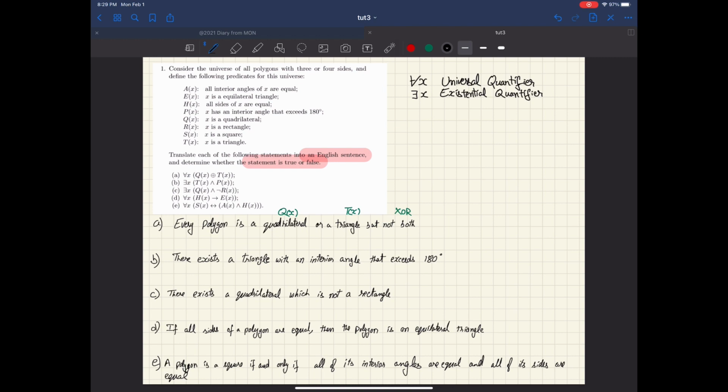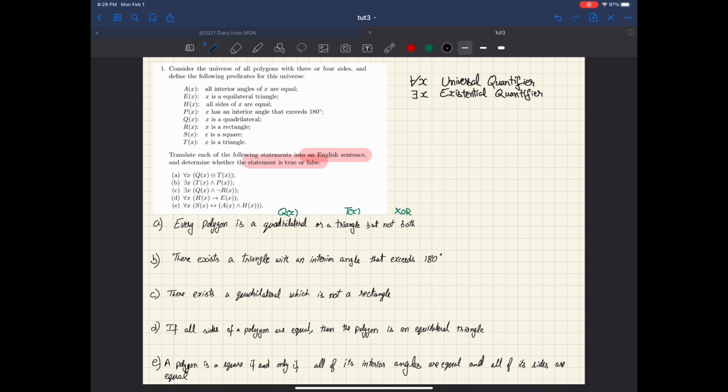Now for the last part, it says for all x, S of x biconditional A of x and H of x. Biconditional translates to if and only if. So your whole statement would become a polygon is a square if and only if all of its interior angles are equal and all of its sides are equal.